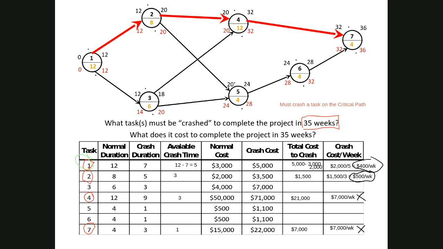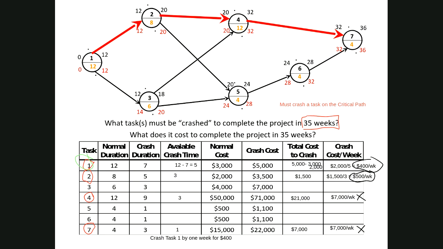That's what we're going to do: crash task 1, at $400. So that's the process that we're going to use to choose to crash task 1.